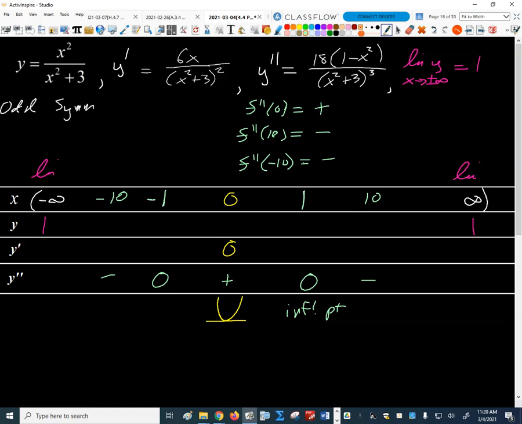For y double prime, it's even. You're right. For y double prime, we get even symmetry. My original function has odd symmetry, right? Everybody agree? Is that helpful to me at all? Okay, good.